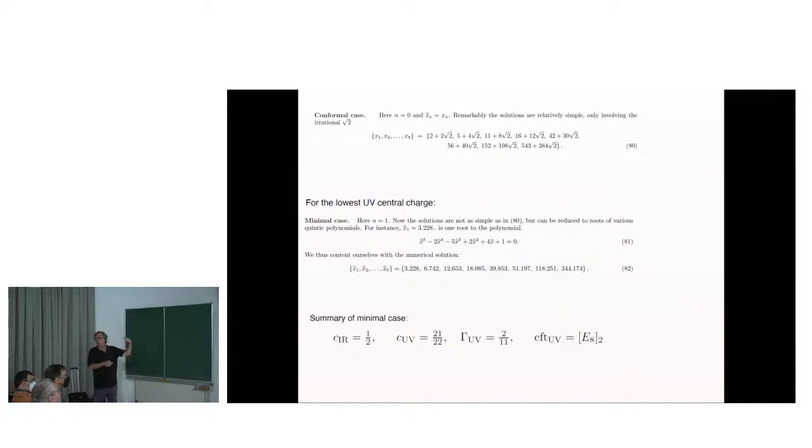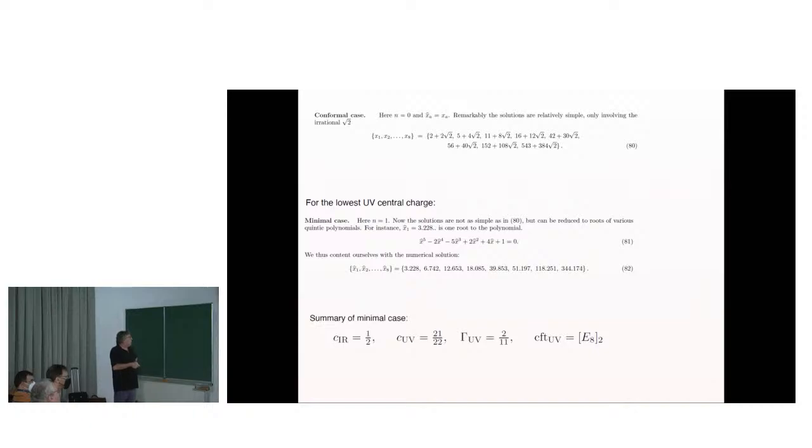Okay. So now we're going to turn on left-right scattering. There's the lowest value. We found the lowest one. Here, this integer n is 1. Now, the solutions aren't as simple. But interestingly, these are the values of these x hats, 8 numbers. And they're supposed to be algebraic numbers, and they are.